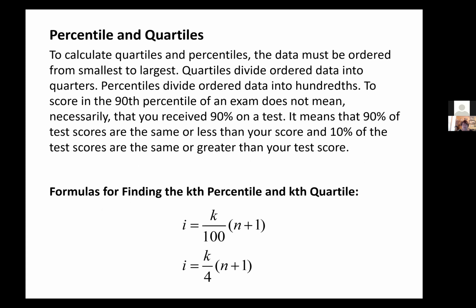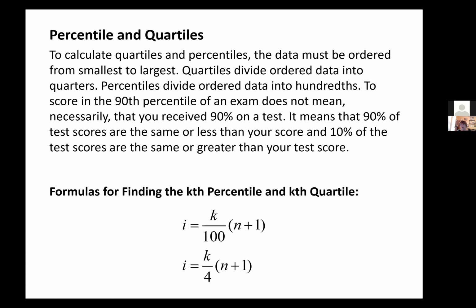So for a percentile, to find the kth percentile, the data value position i, so that's where it's located in your data, can be found by taking k, which is the percentile that you're interested in, dividing it by 100 and multiplying that by n plus 1. n is the number of data values that you have, the size of your sample, if you will.